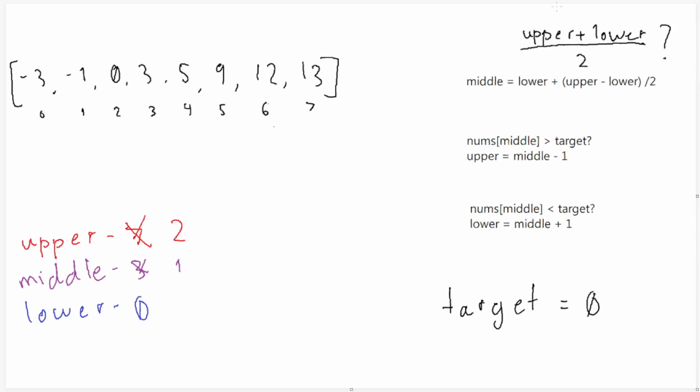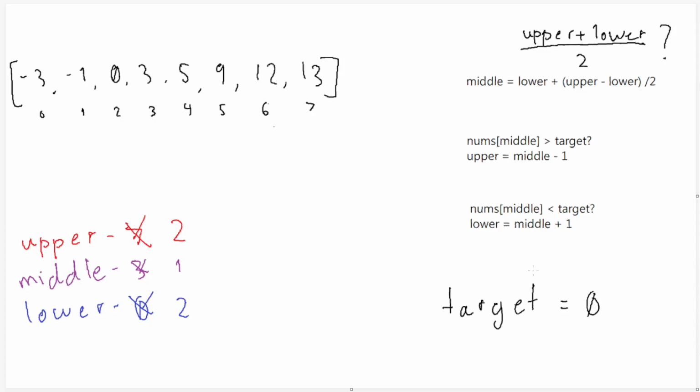Now that we've set lower equal to 2, we will again take the average, which of the upper and the lower is obviously 2, and then we will compare and see that the element at index 2 is correct. 0 is our target value.